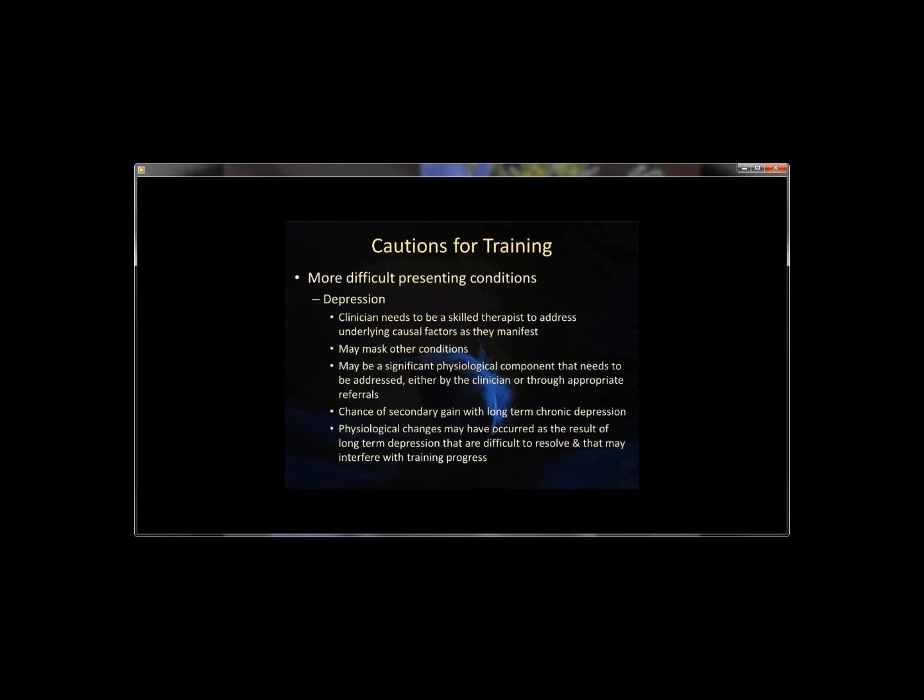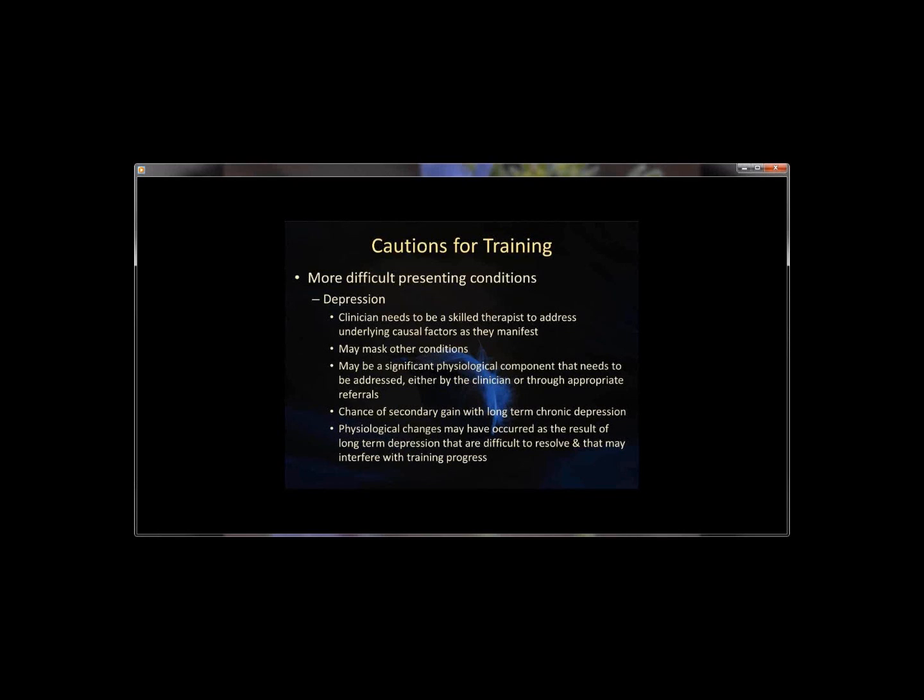Depression is also a fairly difficult group to work with. People who have a major depression, particularly a chronic major depression, is likely going to be in some ways, again, neurophysiologically based.